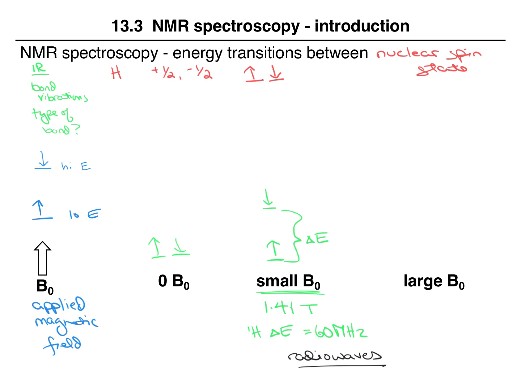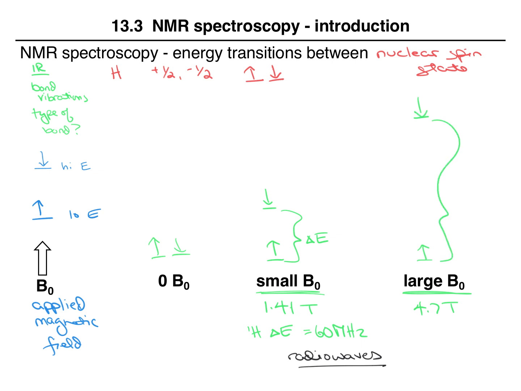Now in contrast, if we have a larger applied magnetic field, let's say now we're looking at 4.7 Tesla. Here's our low energy spin state that is aligned with the applied field. Here is our high energy spin state that opposes the applied field.